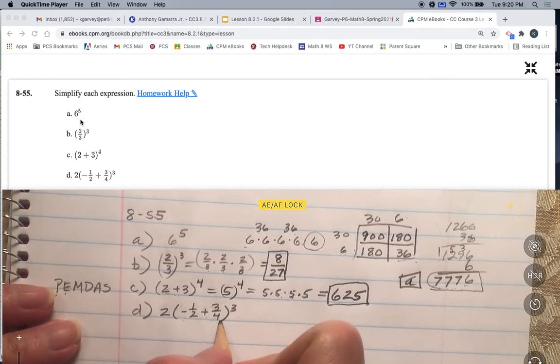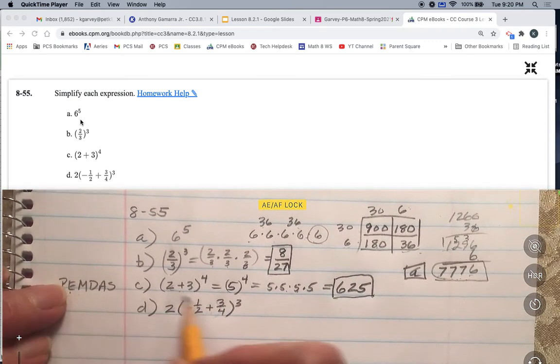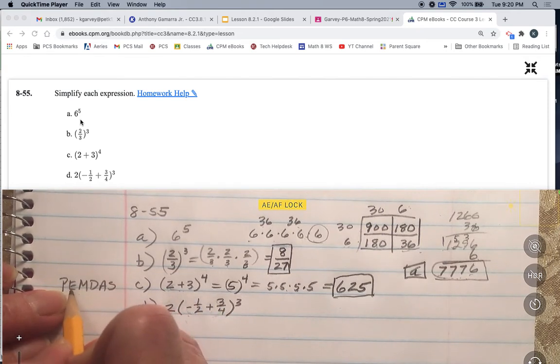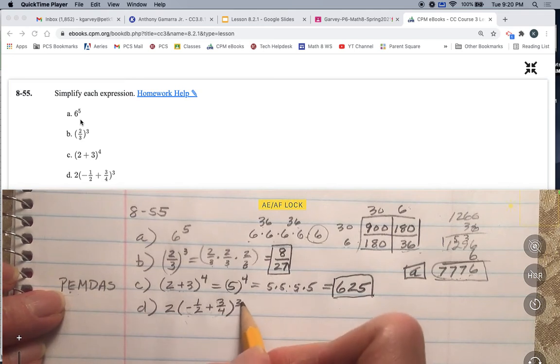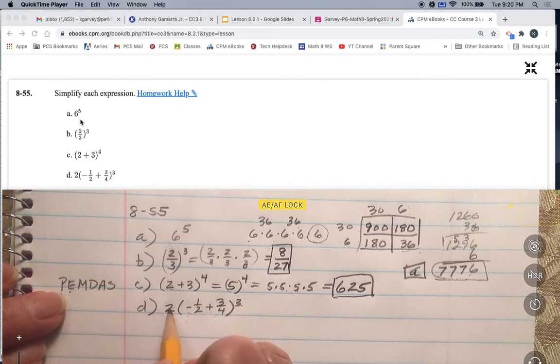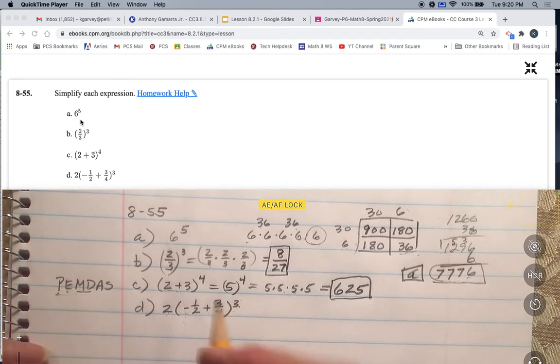Okay, this one is even more an order of operations. First we need to do what's inside the parentheses. Then we'll do the exponent, which is to the third power. And finally, once we know what all of that is, we will multiply it times 2. That would be the next part, multiplication and division.